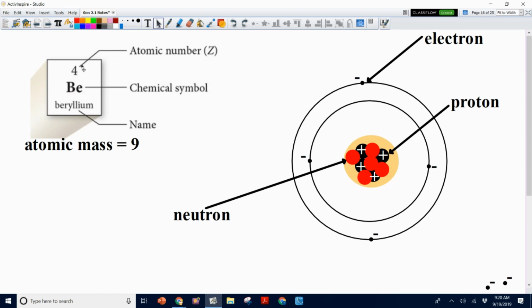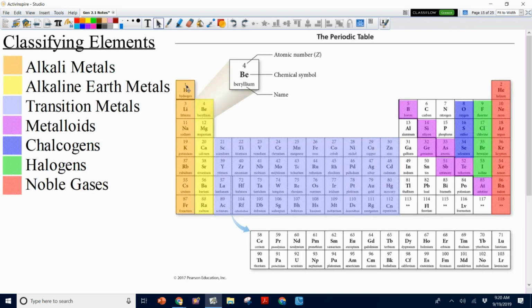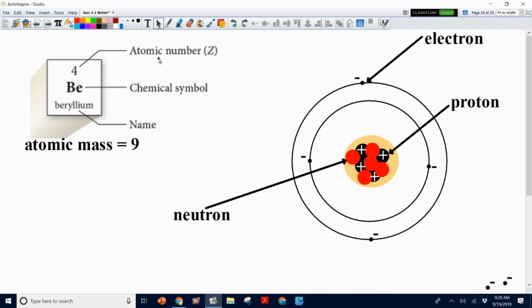First of all, this number at the top is the atomic number, and the periodic table is arranged by increasing atomic numbers. So if we look back at the periodic table, hydrogen is 1, helium is 2, lithium is 3, 4, 5, 6, 7, 8, 9, 10, and then it starts over here 11, 12, 13, 14, 15, 16, 17, 18, and then it goes to 19, etc. So that's the atomic number.